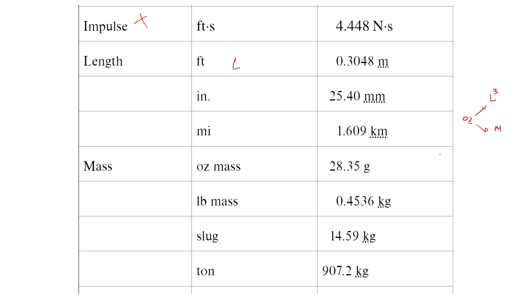An ounce of mass is 28.35 grams, a pound mass is 0.4536 kilograms, a slug is 14.59 kilograms, and 1 ton is 907.2 kilograms.